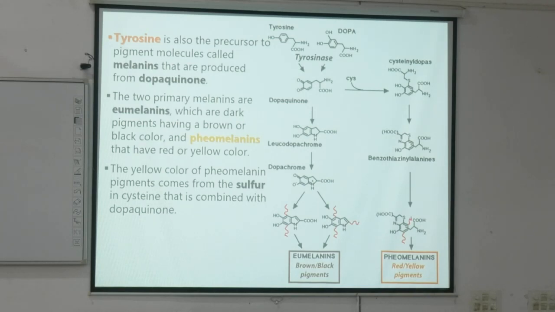The yellowish color actually comes from the sulfur in cysteine that is used in combination with dopaquinone. You do not need to remember this metabolic pathway. Just remember that tyrosine is the precursor of eumelanin and pheomelanin.